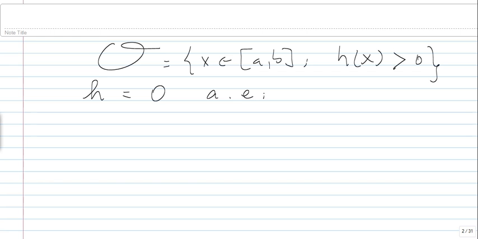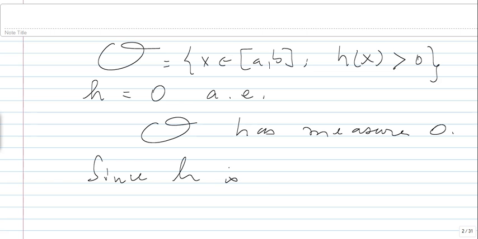So this tells us that this set has measure 0. But since h is continuous, O is also open. So assume that O is not empty.